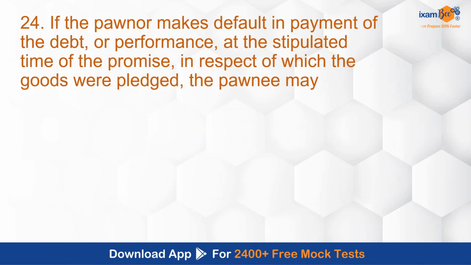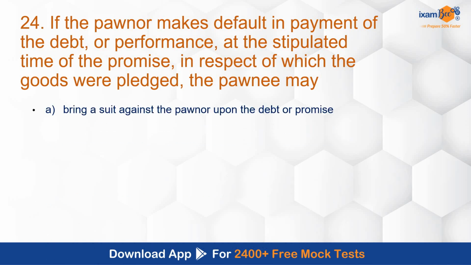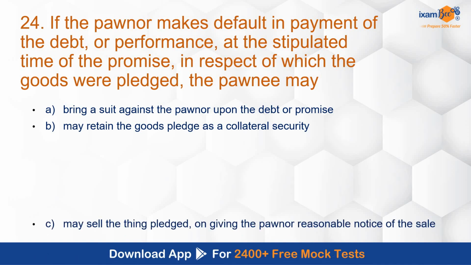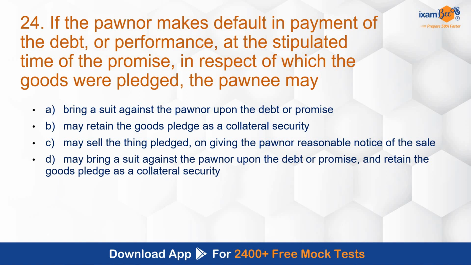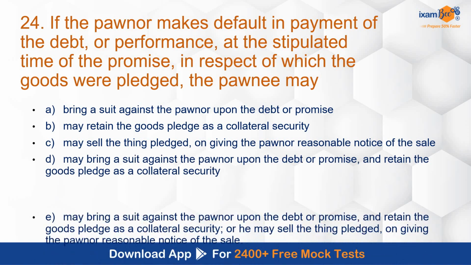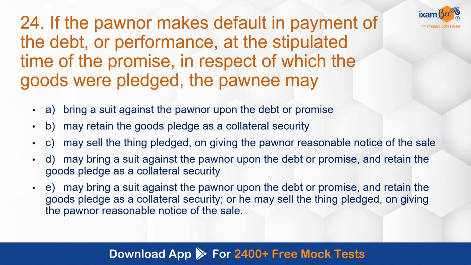Then coming to question number 24. If the pawnor makes default in payment of the debt or performance at the stipulated time of the promise, in respect of which the goods were pledged, the pawnee may bring a suit against the pawnor upon the date of promise, may retain the goods pledged as a collateral security, may sell the things pledged on giving the pawnor reasonable notice of sale, or a combination of these.